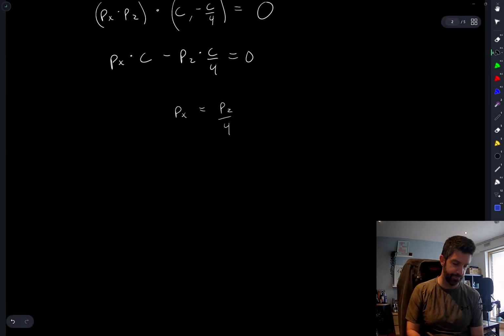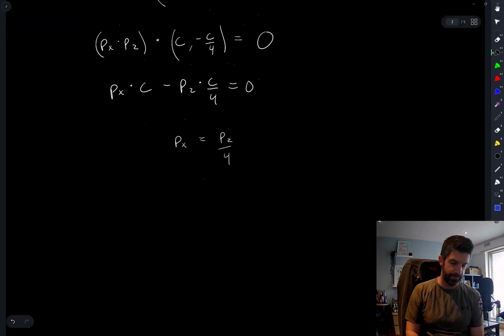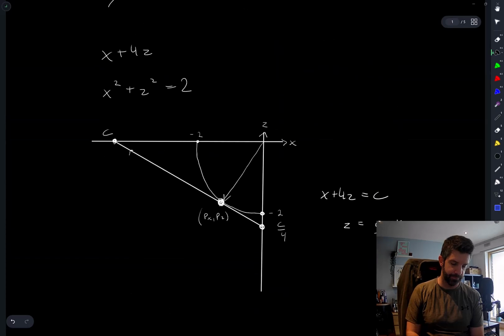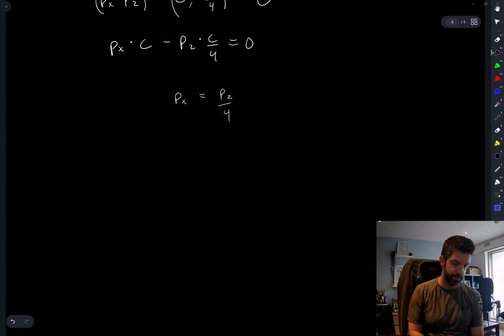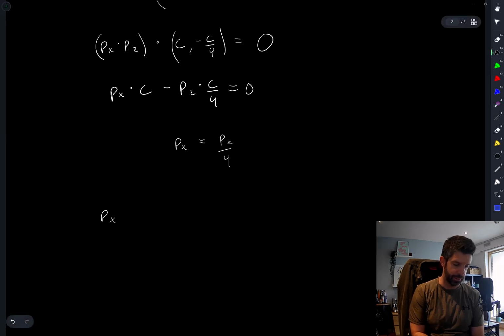Well, I also have that px plus 4pz is equal to c because it lies on the line, sorry, plus 4pz. Yeah, that's equal to c.